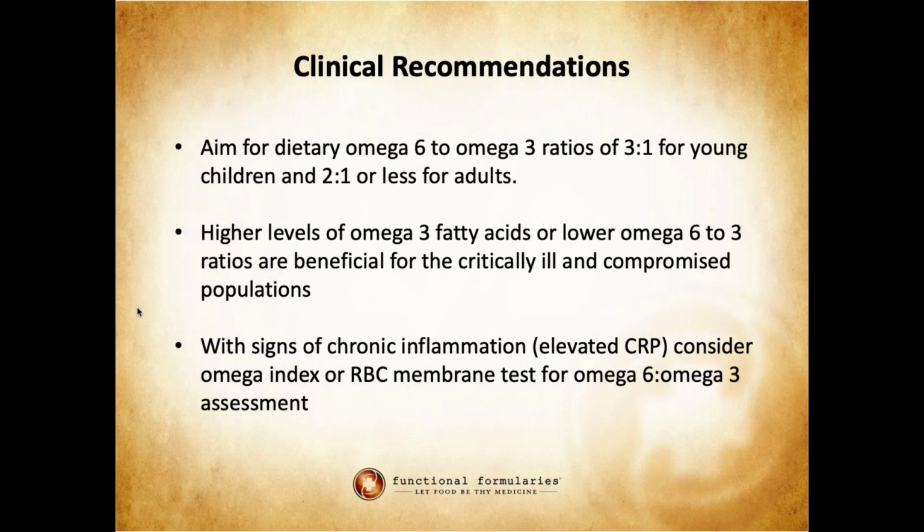With a red blood cell membrane, you're going to get at least the last 90 days of what a patient has eaten, because that's how long those blood cells last in circulation. So you're going to get a long-term picture of fatty acid intake and assimilation into a patient's body. So I really like that omega index test when it's necessary and could be beneficial to help understand what's going on with the patient.